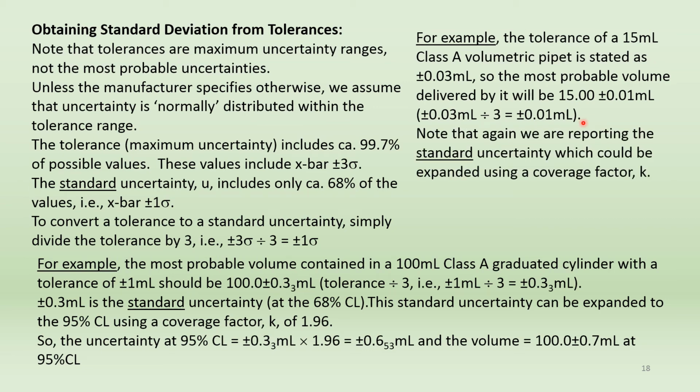Note again that we are reporting standard uncertainty, which could be expanded using a coverage factor k. So plus or minus 0.01 times 1.96 would be plus or minus 0.02 mL. That would be the uncertainty at the 95% confidence level.